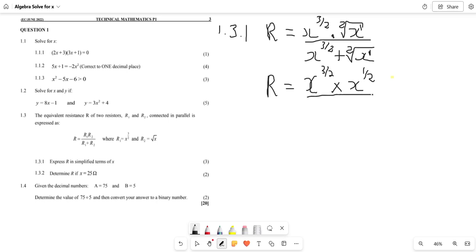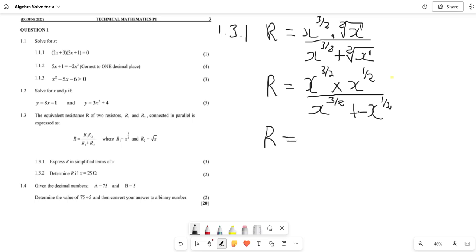Everything all divided by x to the power of 3 over 2 plus. Same principle, if we have to get rid of the root, we maintain the base of x. The exponent of x that is inside divides the number that is outside. Now we form what is called the rational exponent. Let us go on to simplify further.